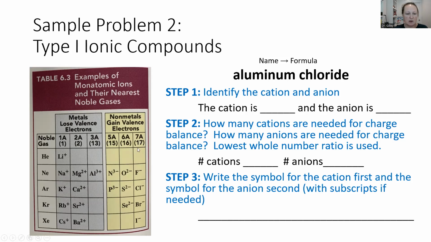So chlorine is in group 7A, right? And it forms Cl- as a result. I'll stop there and let you guys work out the rest of the problem by yourself. Remember, pause the video, try to do it yourself, and then see if you get the same answer that I'm going to go over in just a minute.